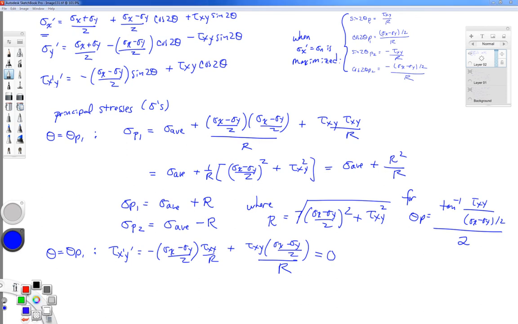So let's put that in a bright color and write that down. The maximum and the minimum sigmas go together.